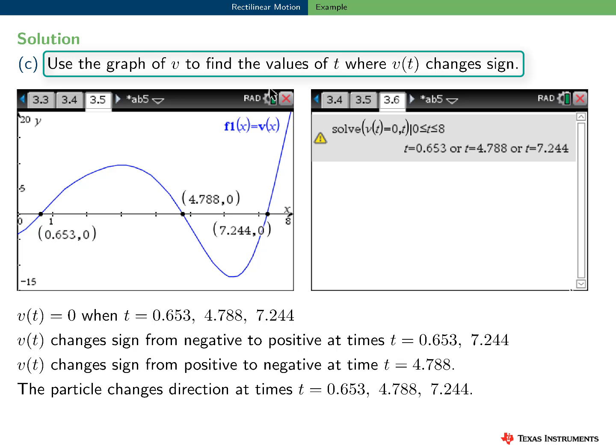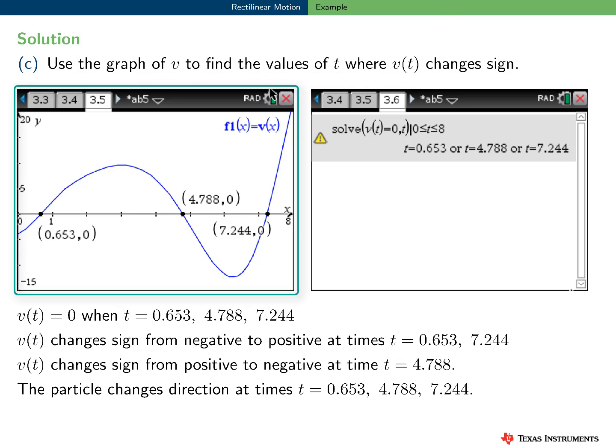To find the values of t at which the particle changes direction, I need to find those values at which the velocity function changes sign. So I'll start by considering a graph of the velocity function. It appears there are 3 values in the interval 0 to 8 at which the sign of the velocity changes from negative to positive or from positive to negative. I found the 3 zeros of the function v on the graph screen.